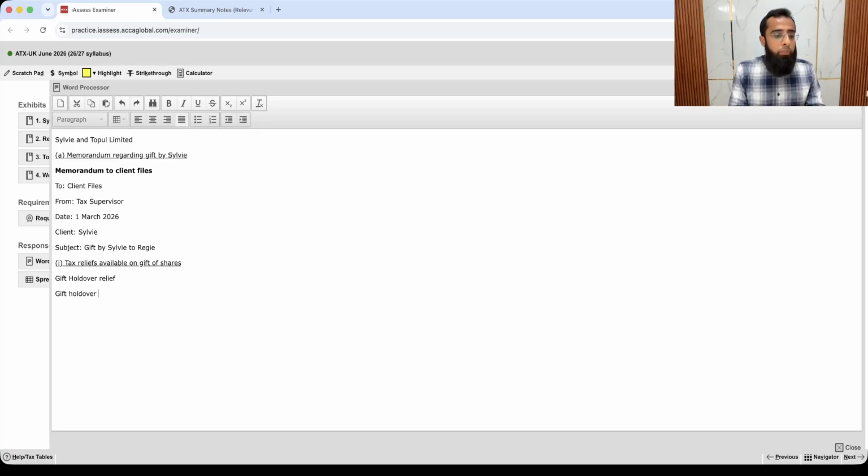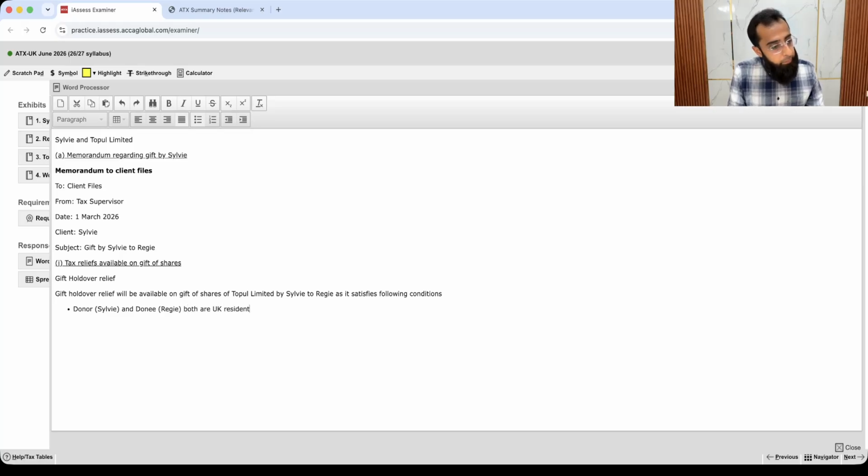Gift holdover relief will be available on gift of shares of Topul Limited by Sylvie to Regi as it satisfies the following conditions. Okay. Number 1, donor and donee. Donor Sylvie and donee Regi, both are UK resident. Okay.